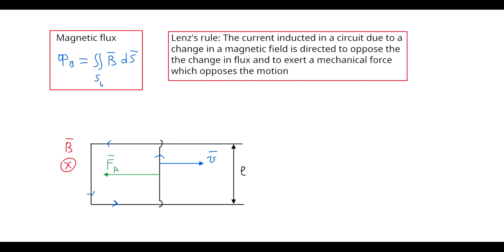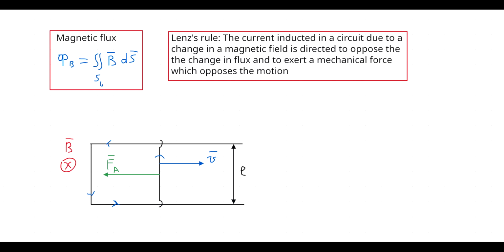So the rod moves with velocity v, and charges inside the rod will move with it, with the same velocity.